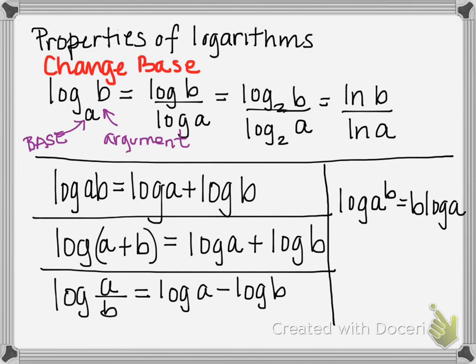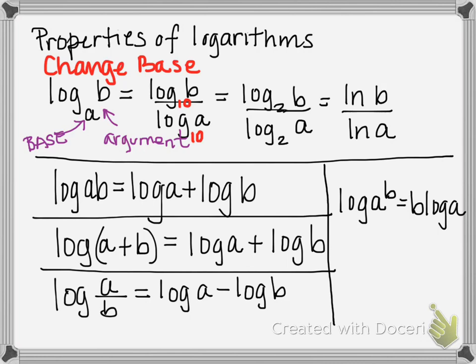So if you look at my iterations of the change of base formula, you see the first one here is base 10, and hopefully you understand that this is an understood base 10 that we don't write. And then the next one, we've got base 2, and in the next one we've got base e.